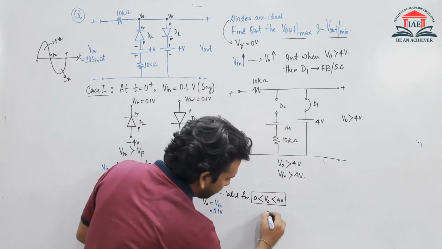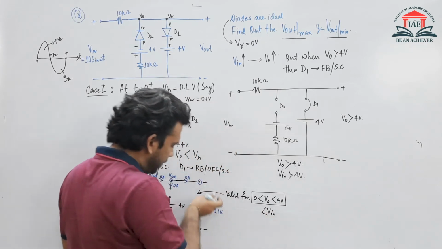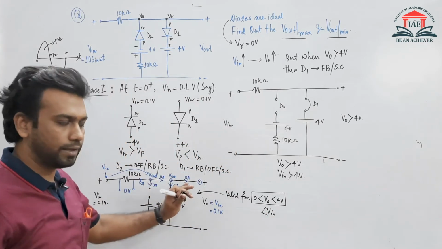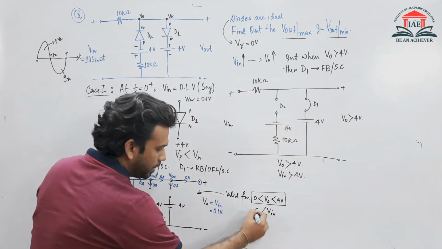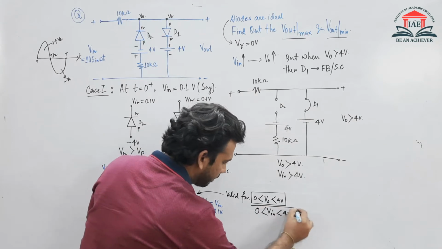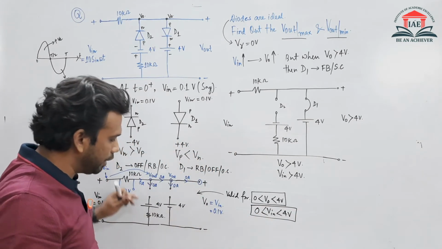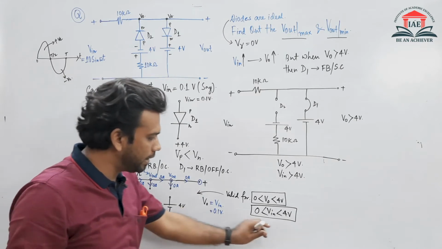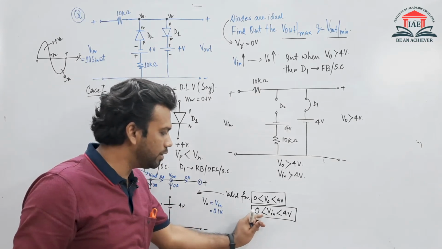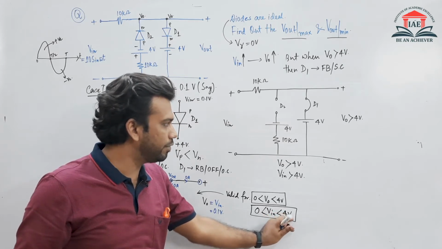So we can find the range of the V input value for which this circuit will be valid. The input range will be 0 to 4 volt. This first equivalent circuit is valid when the input voltage is between 0 and 4.